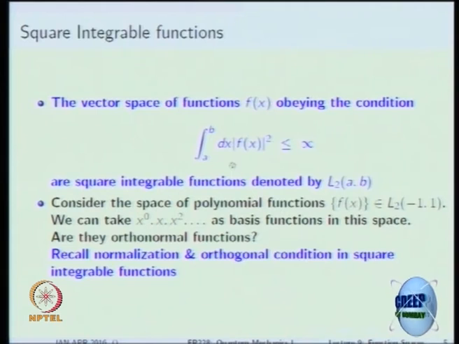So you know how to do normalization. Normalization is similar to this, and the orthogonal condition is, if you have two functions f1 and f2, like two stationary states in your particle in a box, if you integrate psi1, the first excited state, with the ground state, you know it will be 0, right? That is the orthogonal condition.